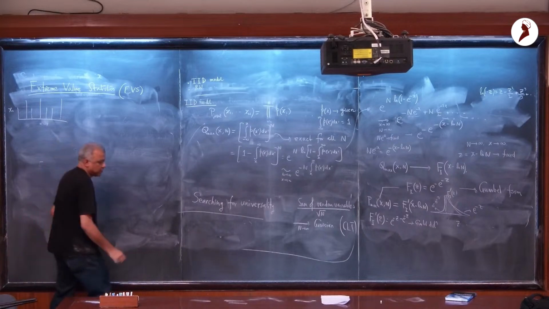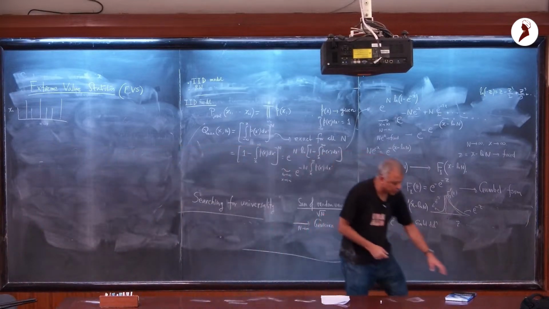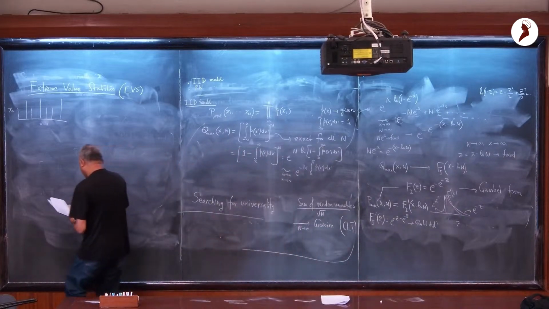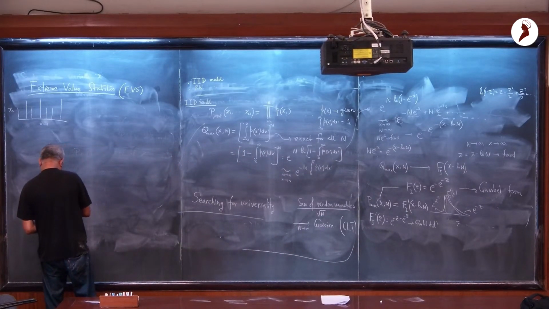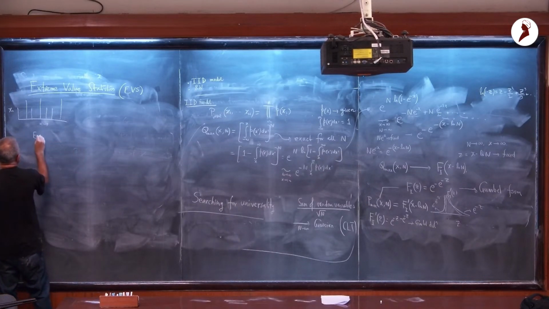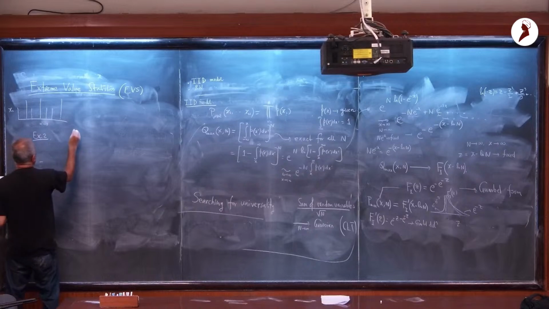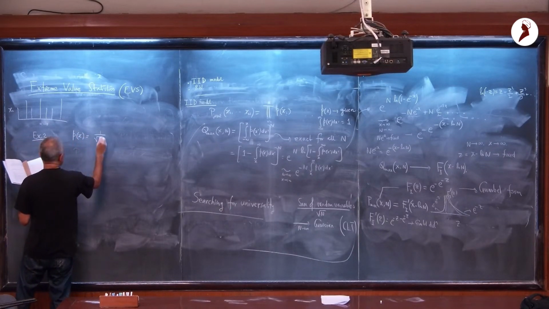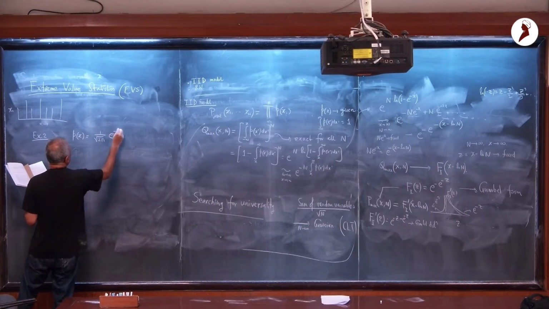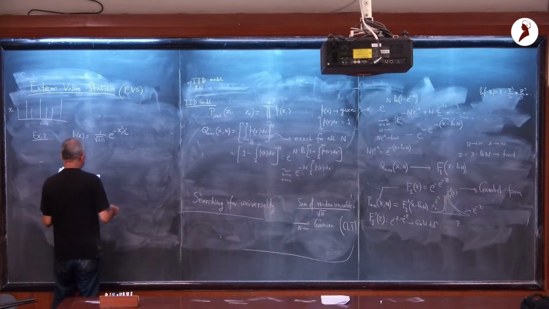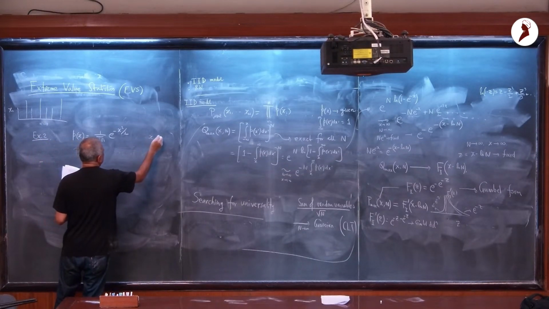Suppose I take this to be just a Gaussian distribution with variance 1, and x can be anything between plus infinity and minus infinity.